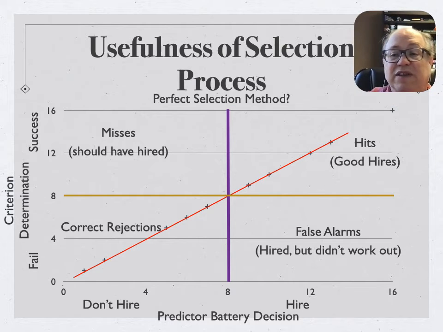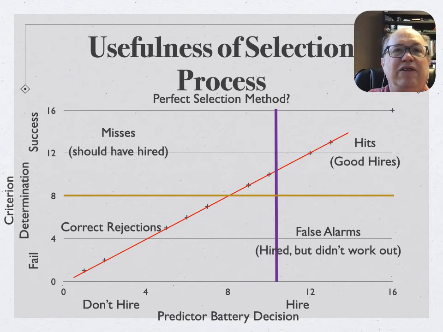We're making perfect decisions. But that's only because we have the hiring line, the purple vertical line, set at 8. If we move it higher and put it at, say, 10 or 10 and a half, then suddenly we have 2 misses, people we should have hired and did not.